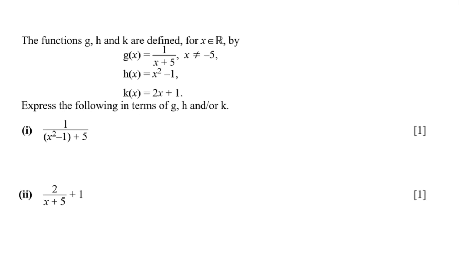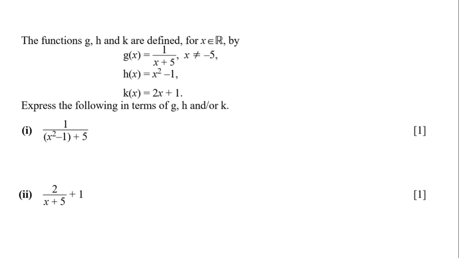You will notice that from the functions that we have, it is only g of x that is in fractional form. If it is the only one in fractional form, then definitely it is involved in our answer.